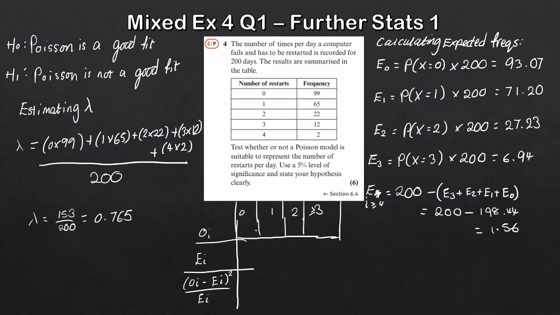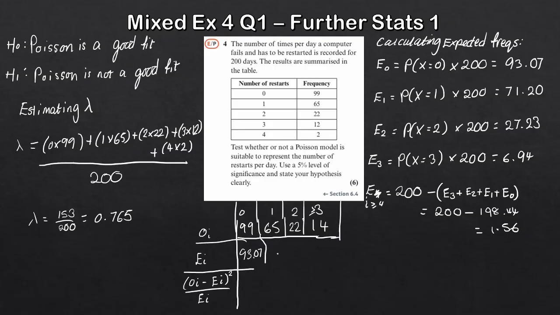So the observed at 0 was 99, the observed at 1 was 65. At 2 is 22, and then greater than or equal to 3, it's going to be 12 plus 2, so 14 there. Okay, my expected now, so that's 93.07.